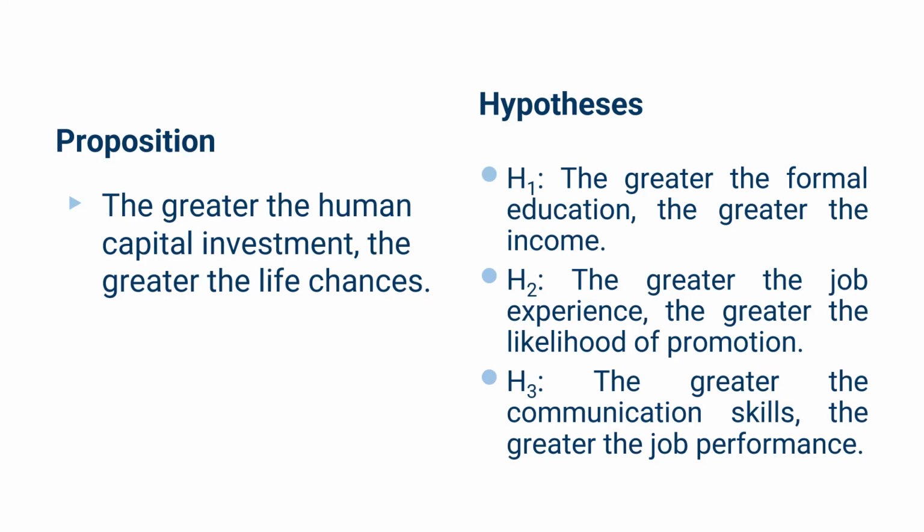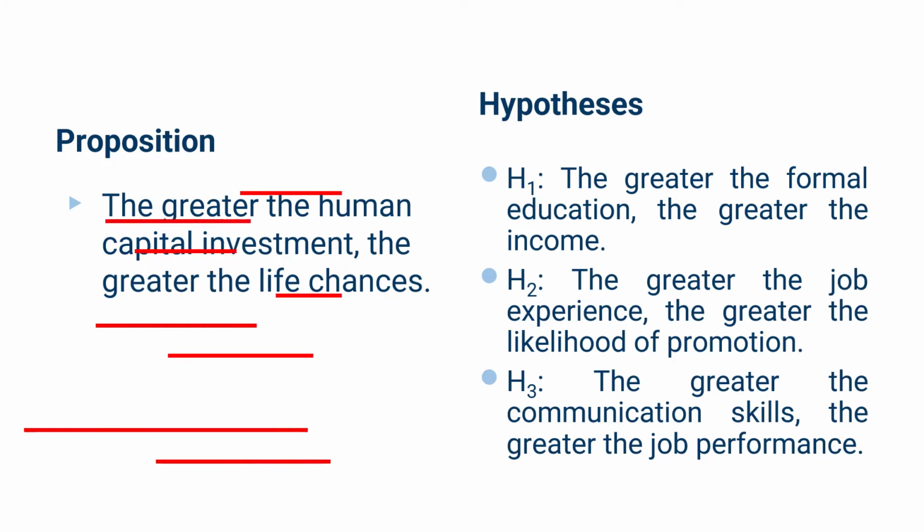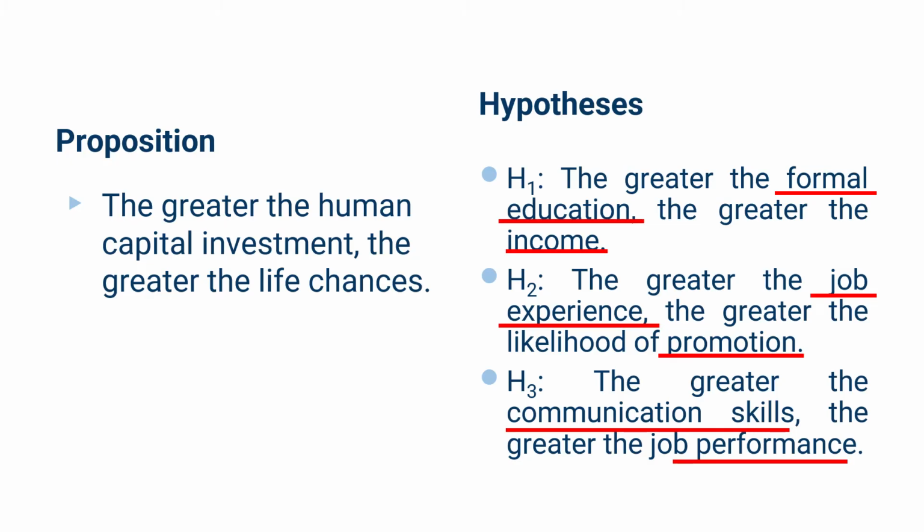Communication skills in hypothesis 3 represents the human capital investment part, and the job performance represents life chances. So we get to convert our abstract theory to a proposition, and from the less abstract but still abstract proposition to the hypotheses.